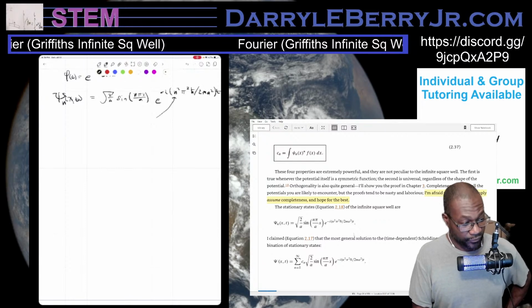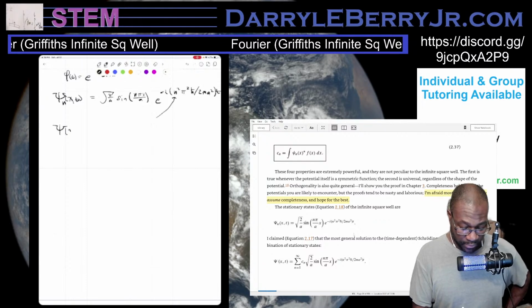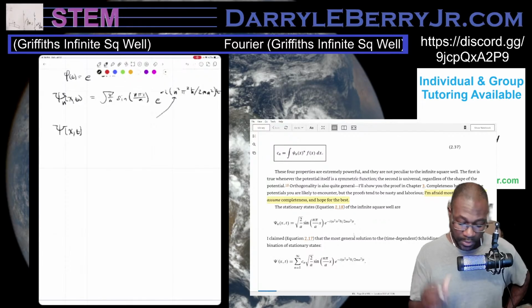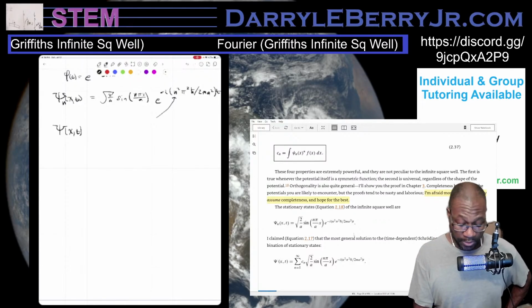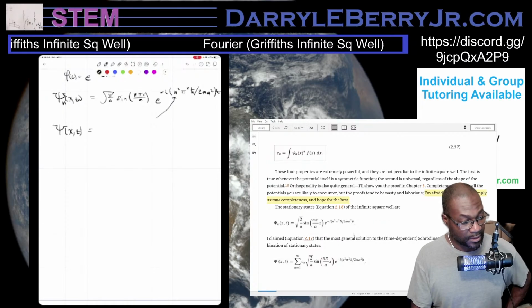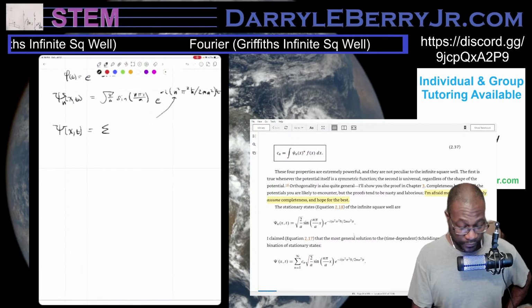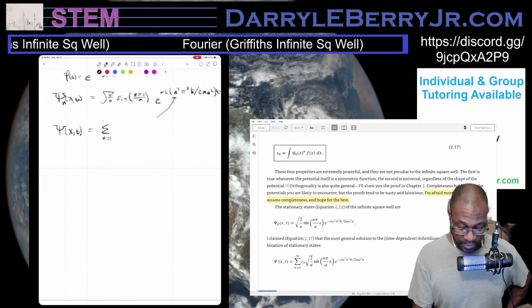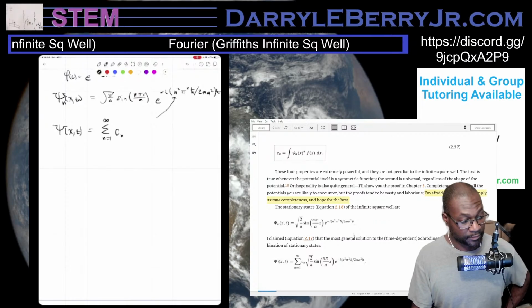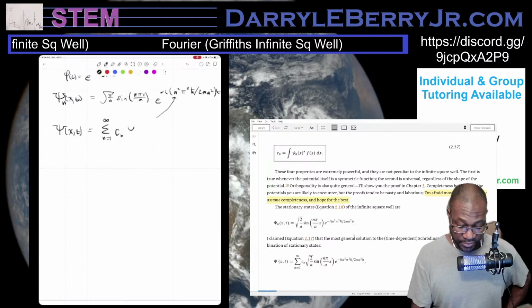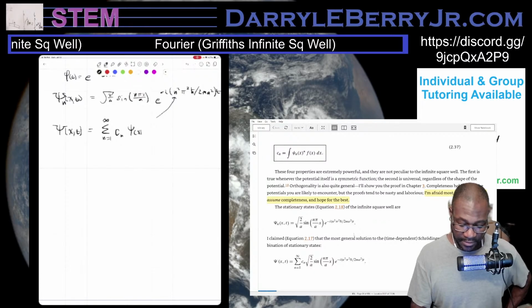What they're saying is if we want to get the most general one, we would add up all of these different capital psi with n. And what I'll do to simplify the writing, well, n equals 1, we have that. We have our coefficient. And if you notice, it's the psi of x and psi of t.